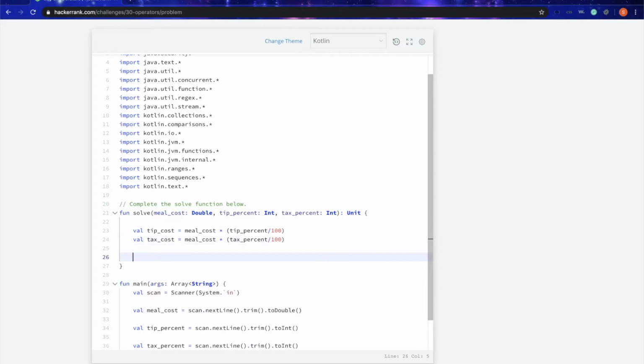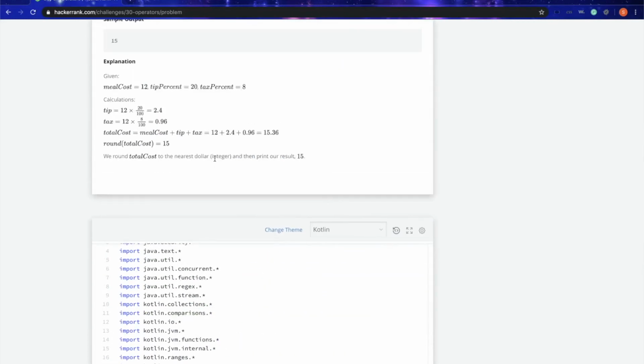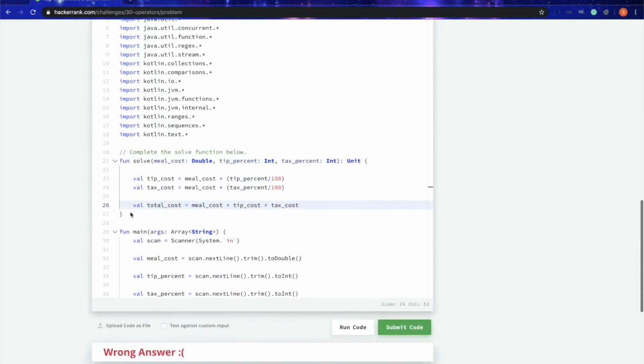And then finally our total cost would be meal cost plus tip cost plus tax cost, right? And now what it is saying is to round off. We round the total cost to the nearest dollar or integer. Now to do that, we simply do Math.round.